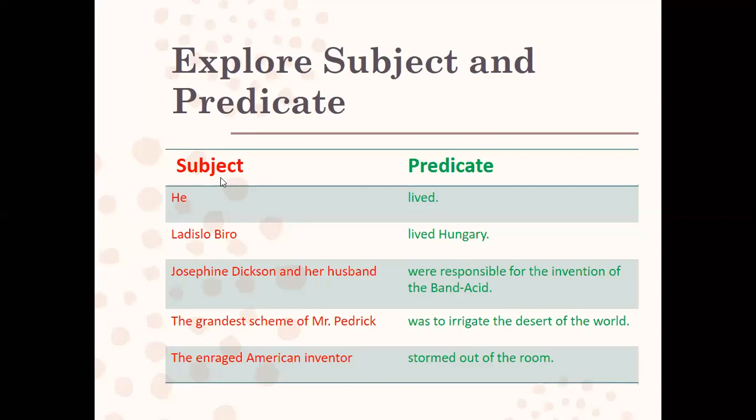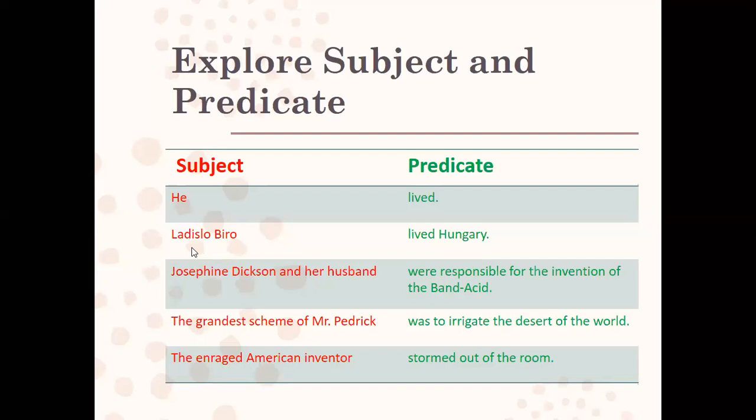Okay, let's come to the point. Subject and predicate. In this sentence, can you identify the subject? He. And the predicate? Lived. Okay. Second sentence: Ladislaw Barrow lived in Hungary.